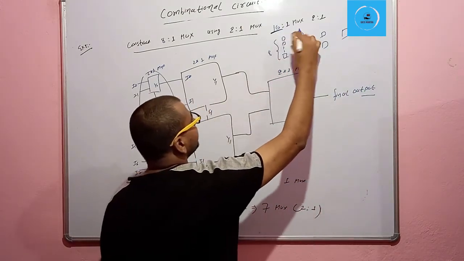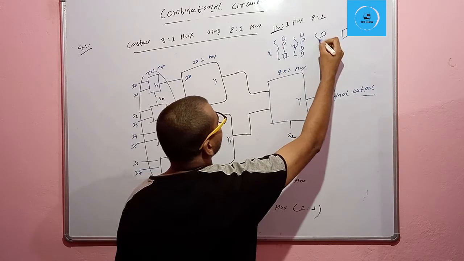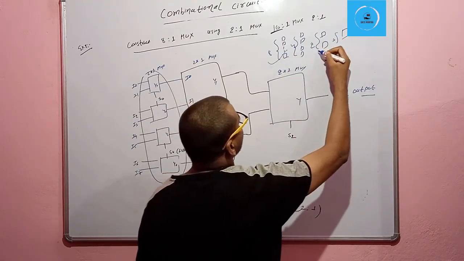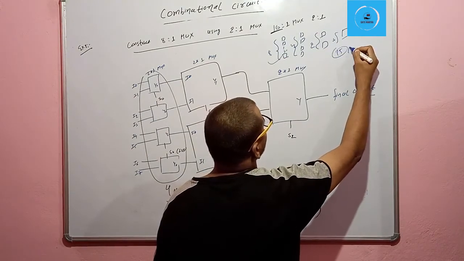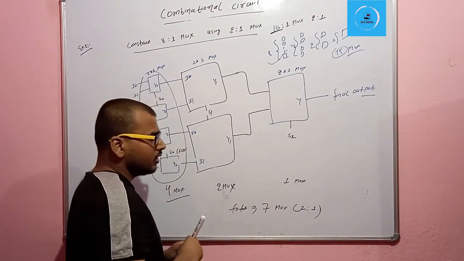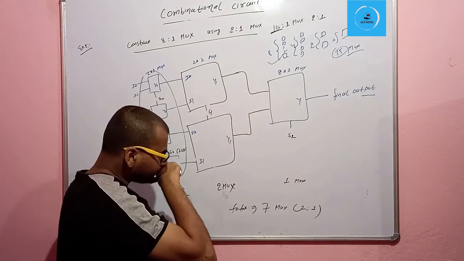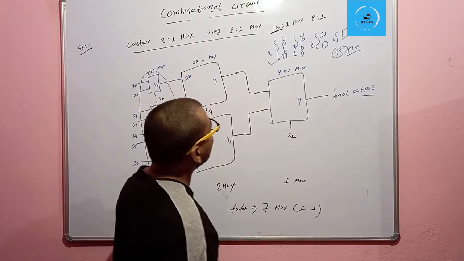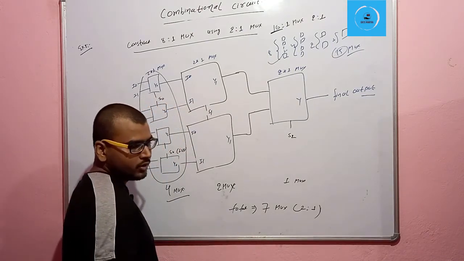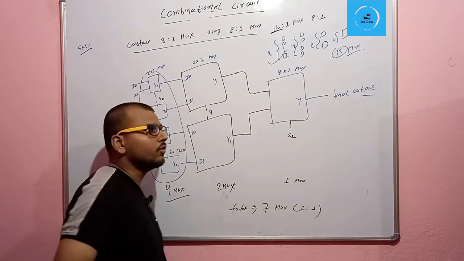So total 8, 4, 2 and 1: 8 plus 4 is 12, plus 2 is 14, and in total 15 muxes are required. In this way we can find how we can make muxes of higher order using muxes of lower order.